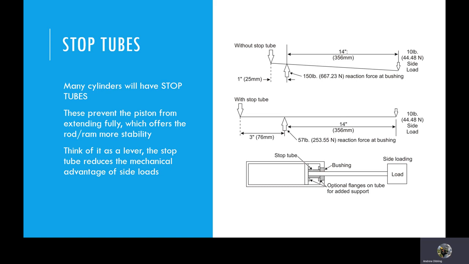As a result, there will be some deflection angle and some side forces put on the rods and on the rams. So it's important that you have some kind of a stop tube and bushing arrangement that alleviates those stresses on the O-rings and pistons to prevent leakage.